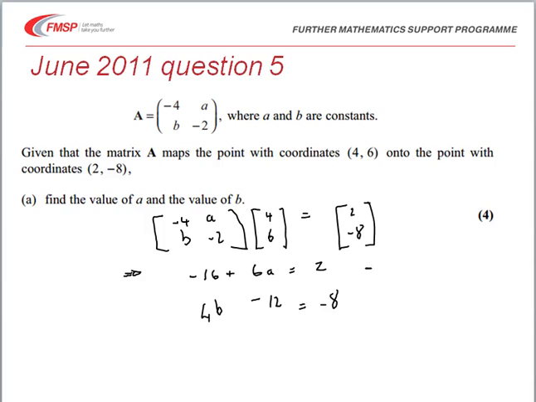The first of those equations quickly solves to give a = 3, and the second one to give b = 1.